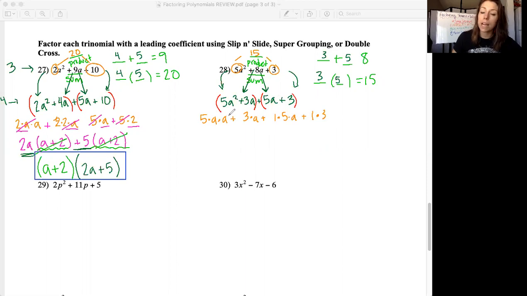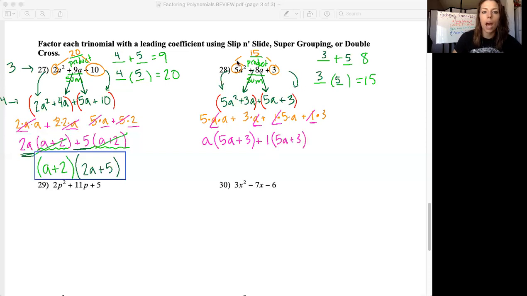We don't necessarily need to factor out 1 in the first binomial because they have a in common, so we'll factor out a. And when we do that, we're left with 5a plus 3. In the second one, as we noted, they didn't have any greatest common factors, so we're just going to factor out 1, and that leaves us with 5a plus 3.